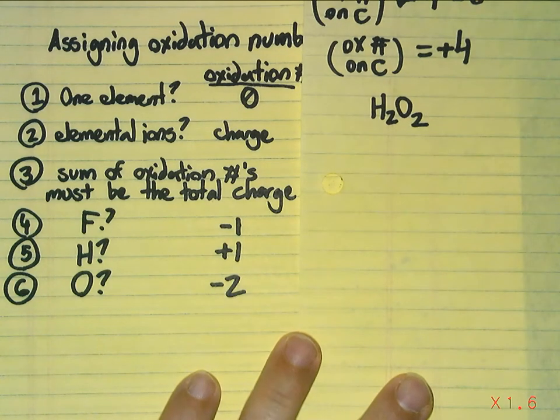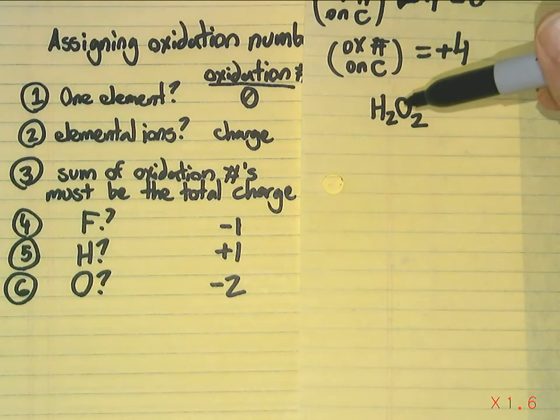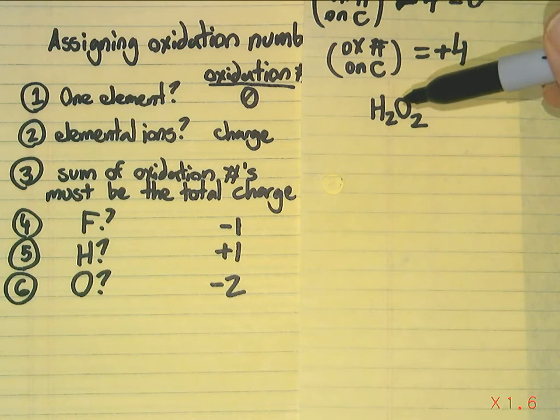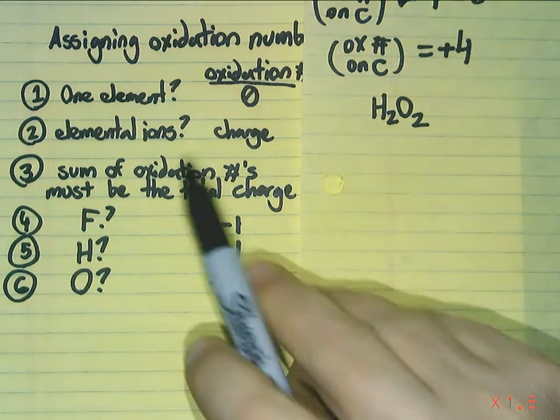There's the formula. Now, take a look at this formula. In worksheet 4.1, we learned how to classify things as covalent or ionic. Which one is this? Look at the elements on your periodic table. They're both nonmetals. So it's going to be a covalent compound.